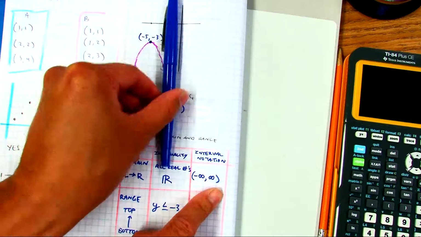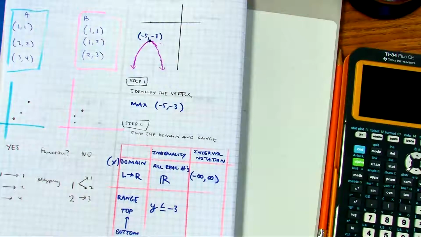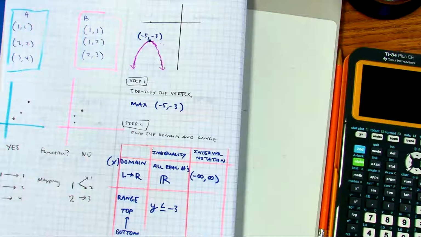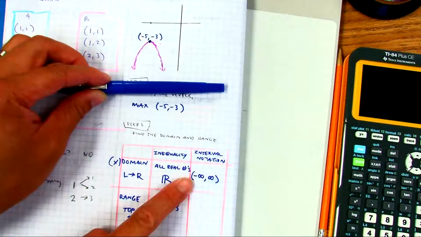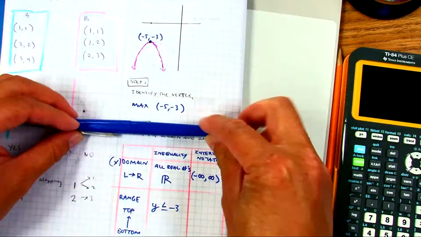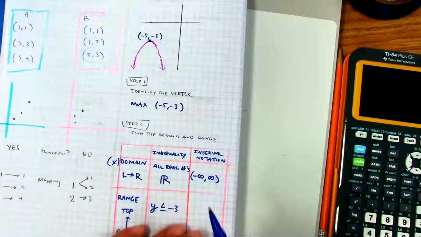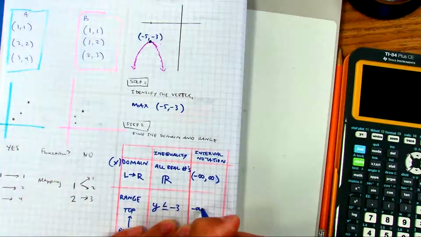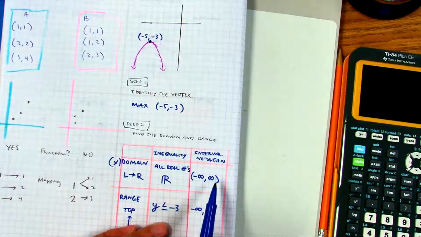Let's do the range. Where should I start, class? Bottom to top. Okay, so the bottom will be the left side of my notation. Where am I coming from, class? On the y values, that's negative infinity. Parentheses or bracket? This is not an ordered pair. It's telling you a start and an end. And then I'm going to end here.